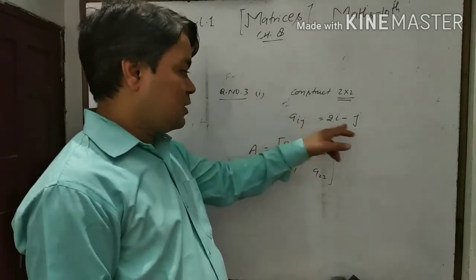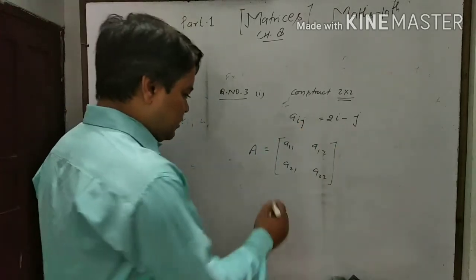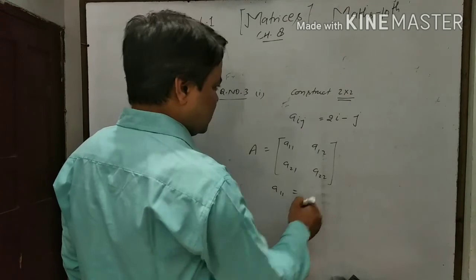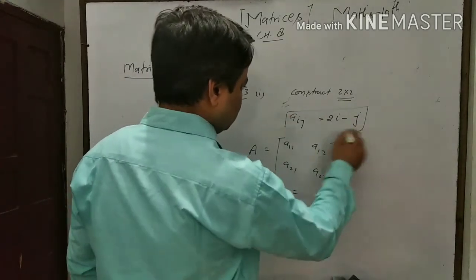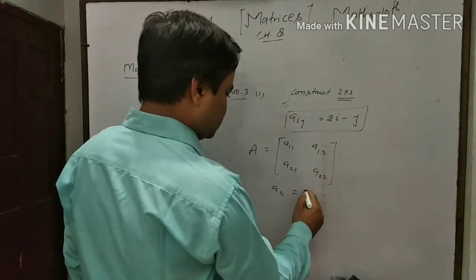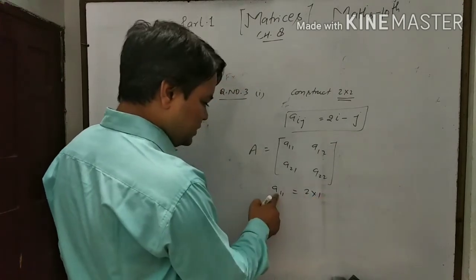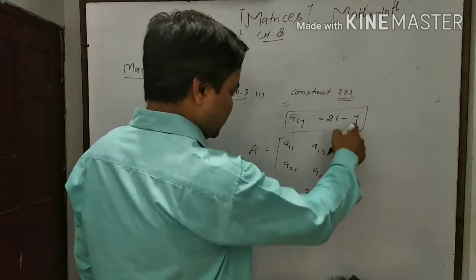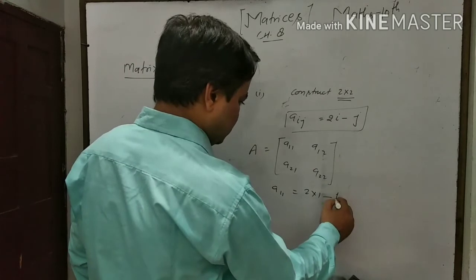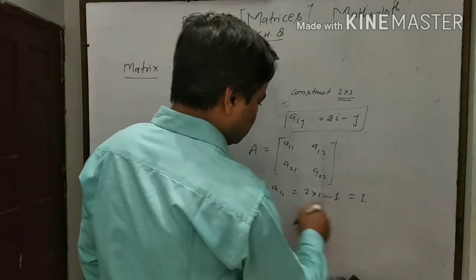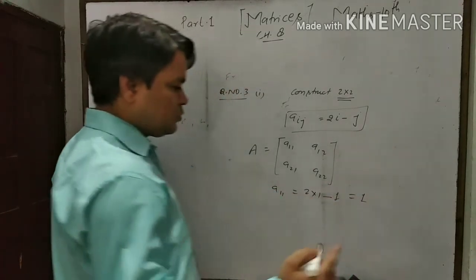Now, according to this formula, we have to write. What is a11? The formula is 2i minus j, so 2 into 1, minus 1, which is 1.